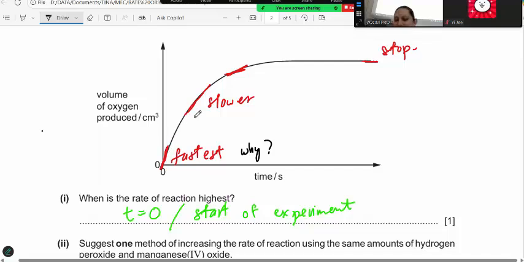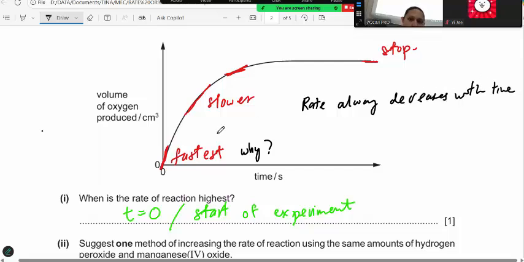Okay, so remember, in any reaction, you will always get this graph because the rate always decreases with time, always decreases with time because the concentration. Now, you must mention concentration of what?